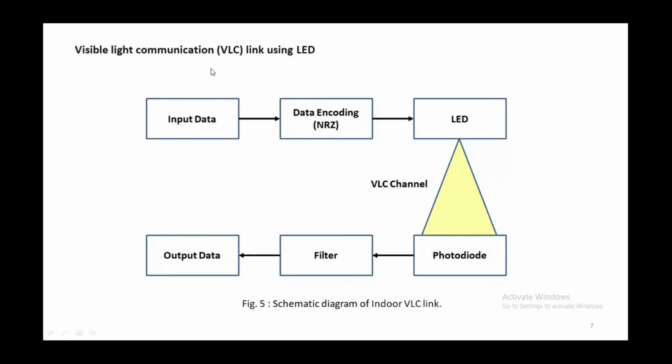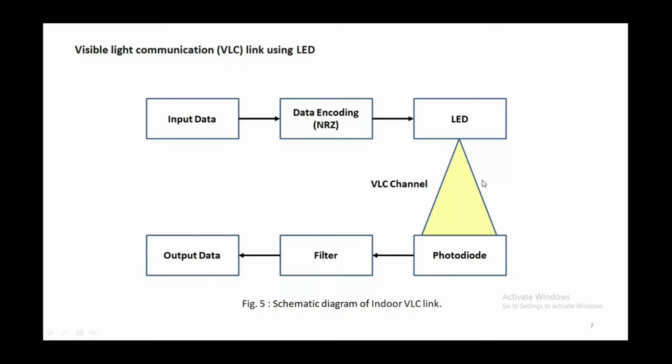So this is the block diagram of the visible light communication link using an LED. Here our input data is encoded into the non-return to zero format, and up to this point, the second block output is the electrical signal. This electrical signal is converted into an optical signal with the help of an LED, and this is the VLC channel.